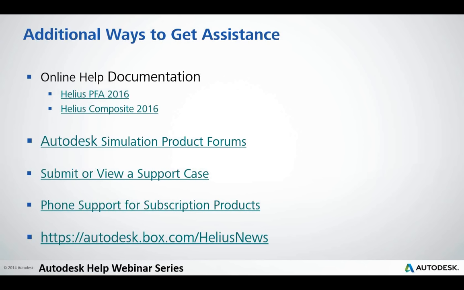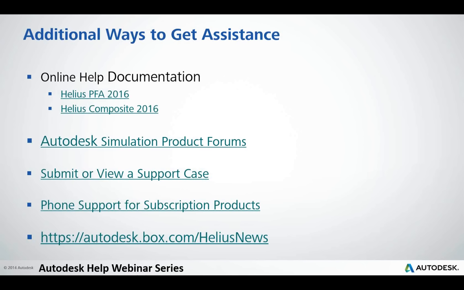In there you'll find everything you need to know, from how to get started with the product, opening it, and some of the basic features that you need to know when becoming a new user. And then we also have a lot of advanced information in there as far as theory and how we implement our solution to composites. So a lot of great information in there, and I suggest to everyone to try that area first.